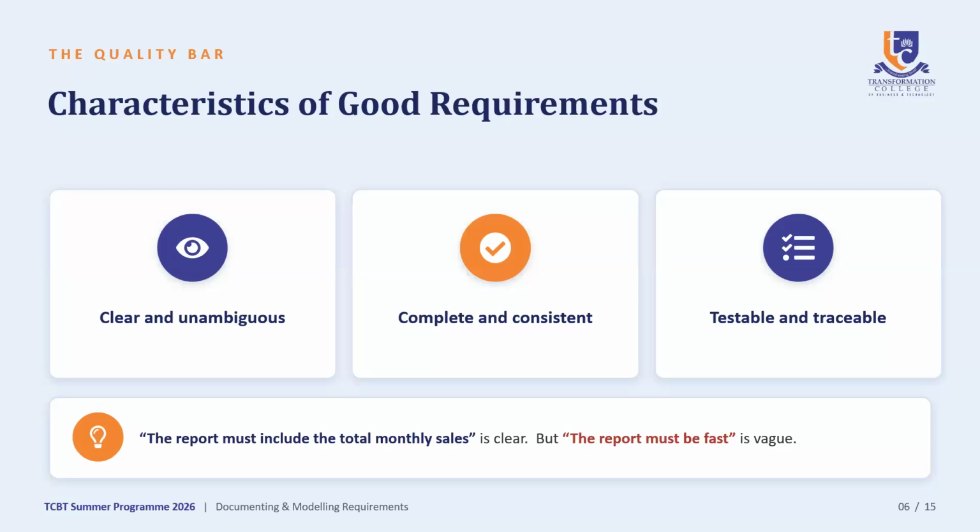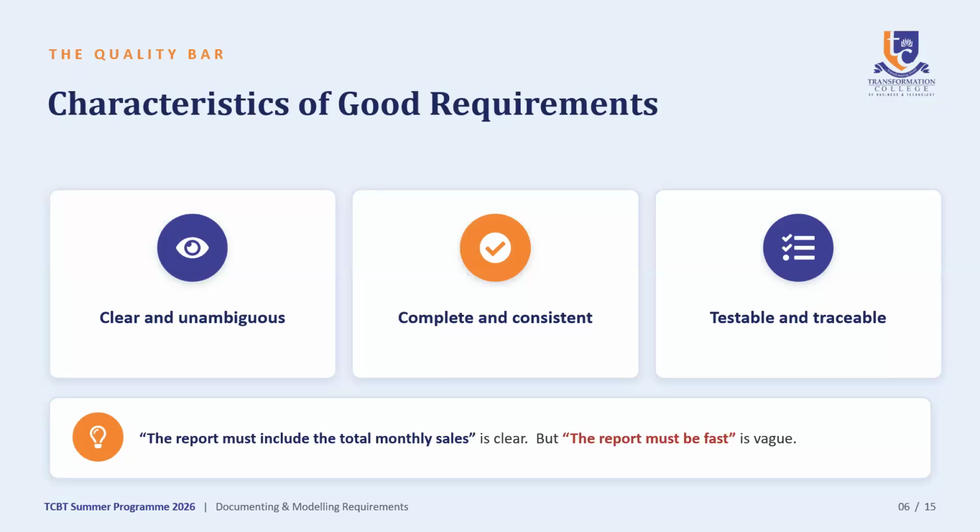You could tell the system to send emails upon enrollment, upon registration, upon successful payment, and upon successful exam completion. So that is robust, that's complete, and that can be developed in a consistent manner.